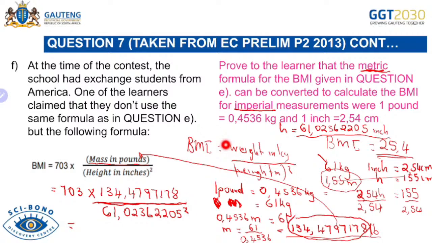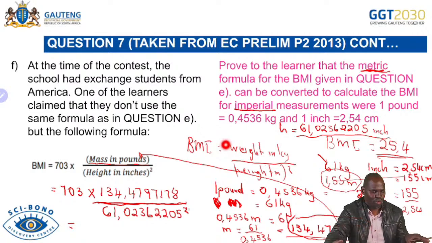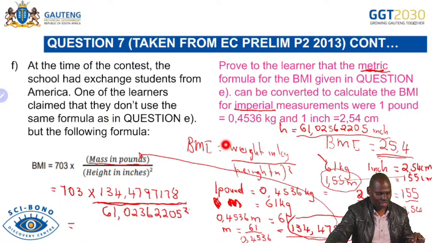Okay, so if you take your calculator, 703 multiplied by 134.4797178, and you divide it by 61.02362205 squared. So I'm going to challenge you in this one. Please take your calculator and calculate and see if we're getting what we're supposed to get.